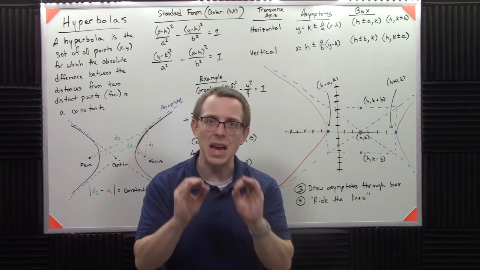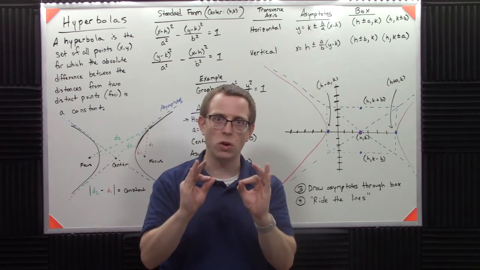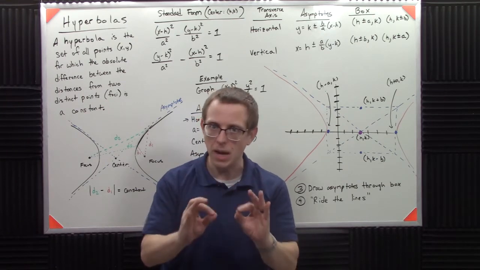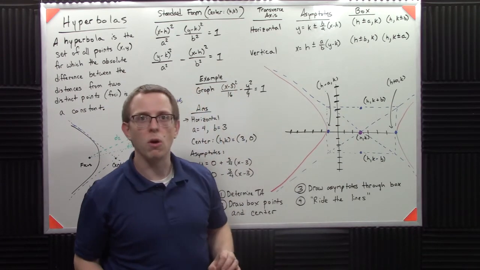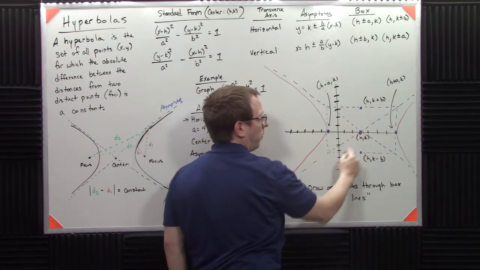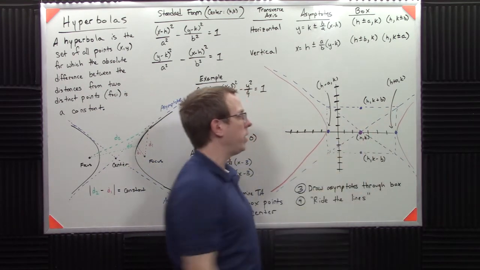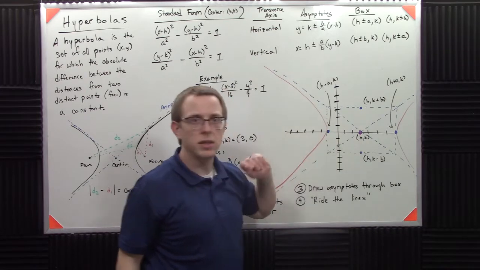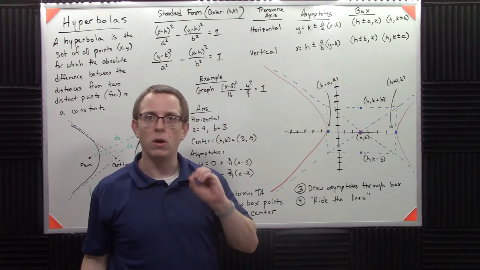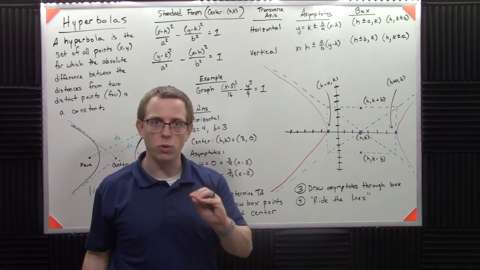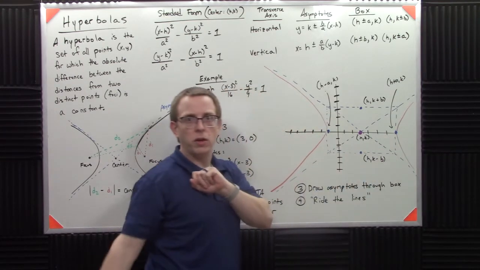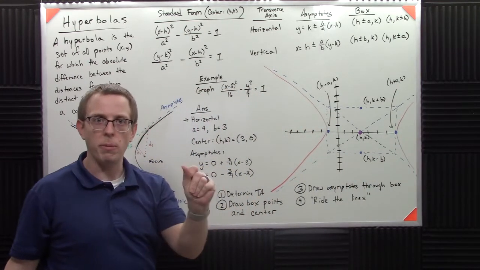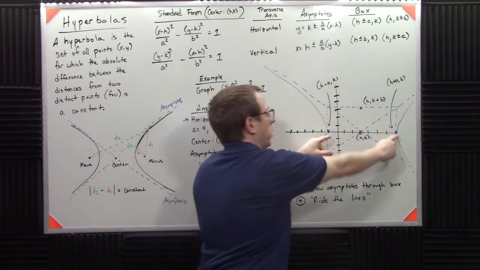You do the same points that you do for an ellipse, but you're not drawing an ellipse. You're drawing this rectangle that goes through all these points and is centered at the center. With these points, automatically you have your vertices.